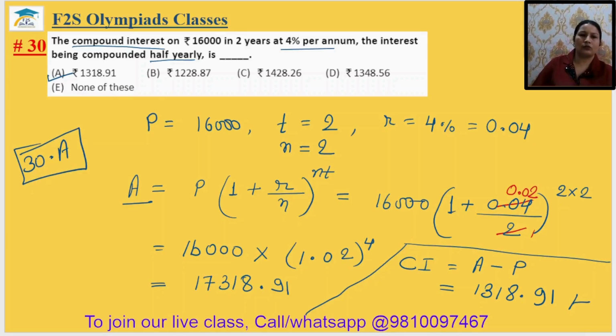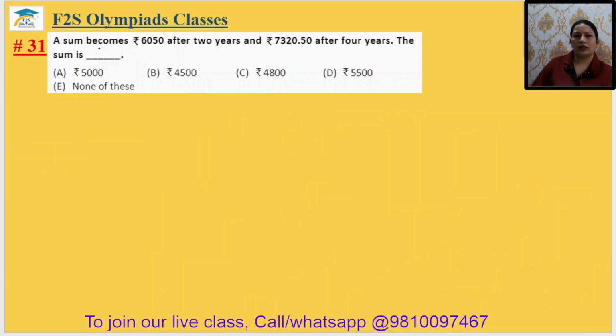Okay. Come to question number 31. A sum becomes 6050 after 2 years and this after 4 years. Then the sum is.